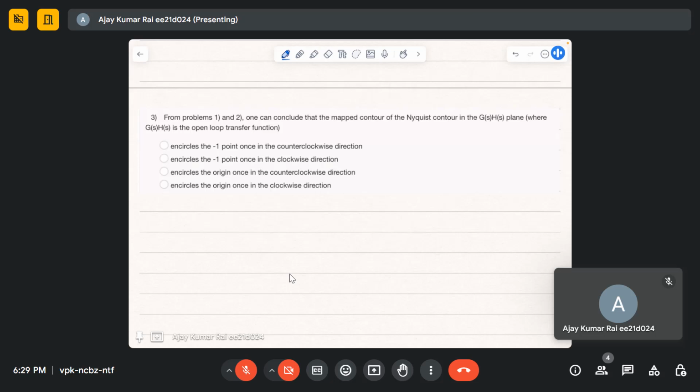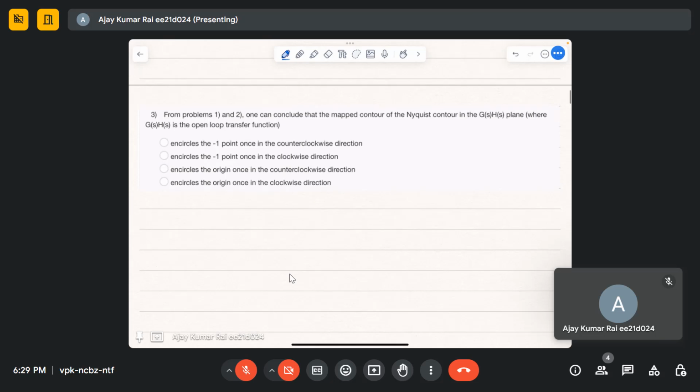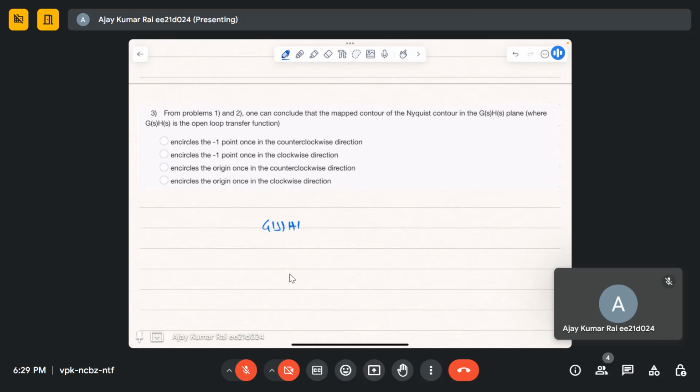So in the G(s)H(s) plane, what is happening? How many encirclements do we have to find out? Okay, so what we have seen: G(s)H(s) is... sorry, this is s plus 2. So let me write.